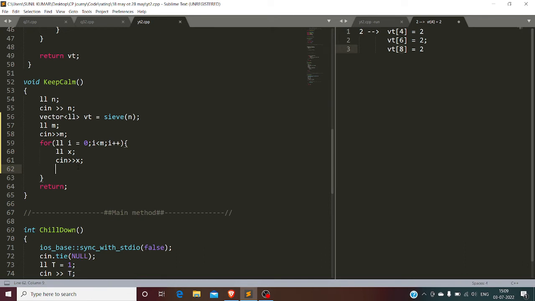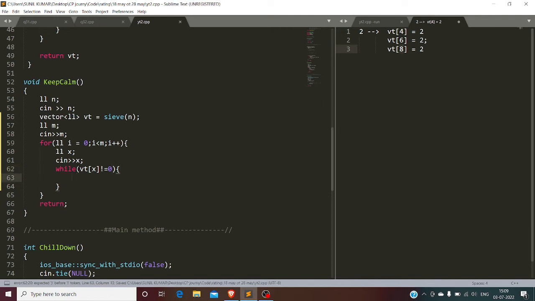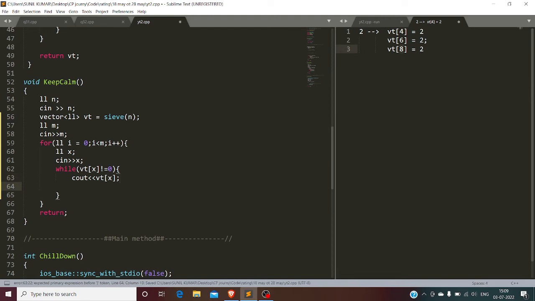Now what I say is, while vt of x is not equal to 0, meaning it is not a prime, what we need to do is print the smallest prime factor of this by vt of x, and then divide x by that smallest prime factor, right?